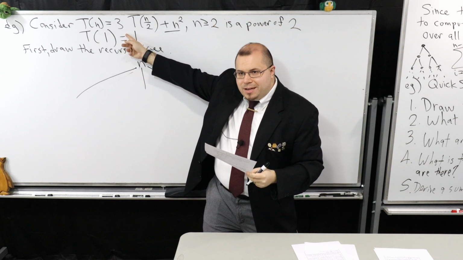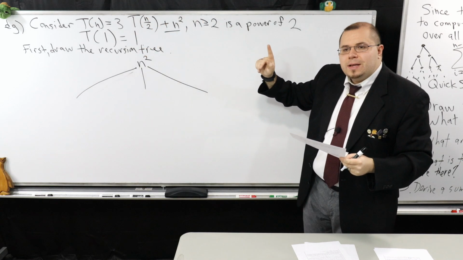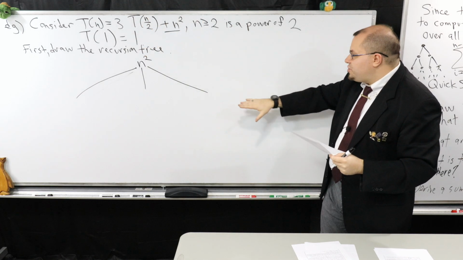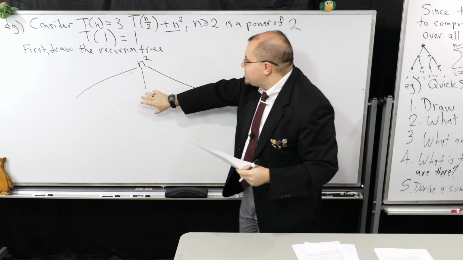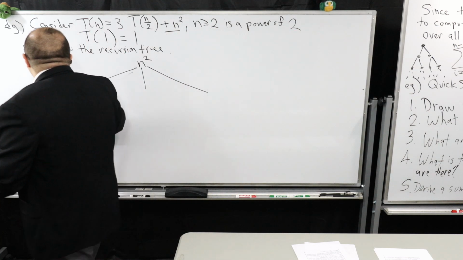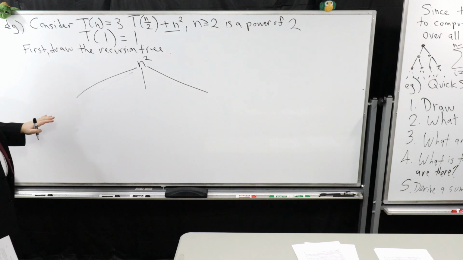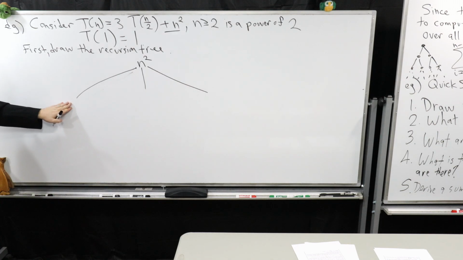That's why we have 3 times T of n over 2. Each one of these nodes here is going to represent T of n over 2. Now if I look at T of n over 2, how much non-recursive work happens for T of n over 2 before I invoke the recursion?